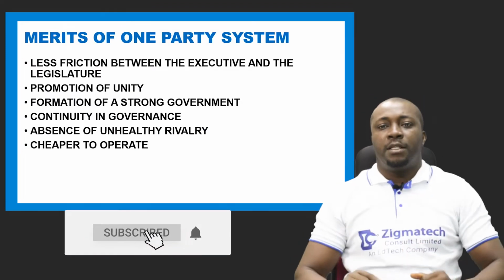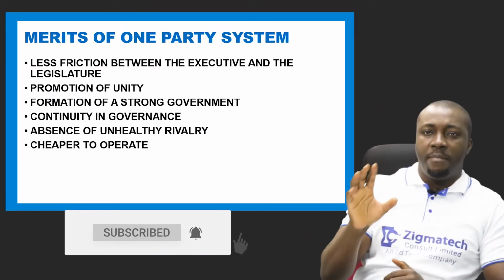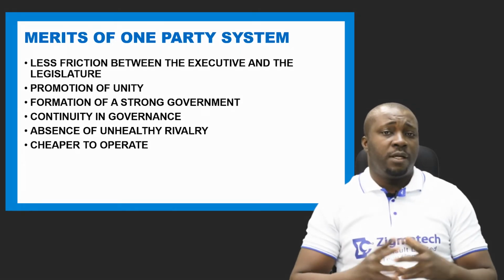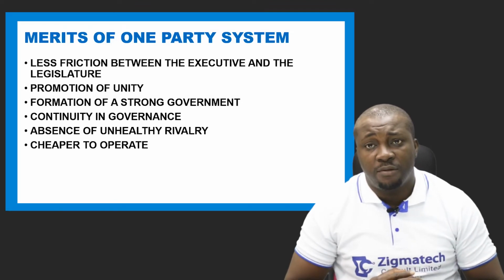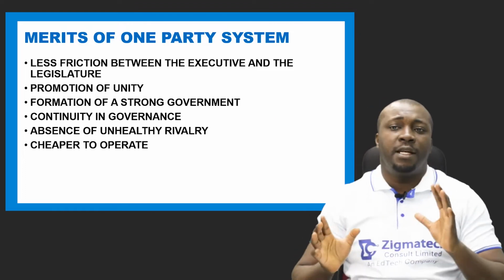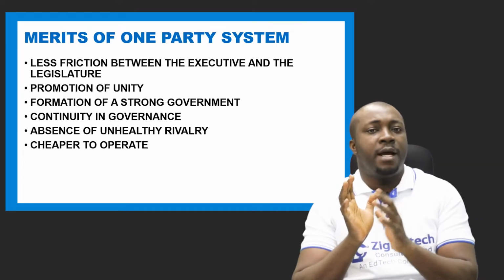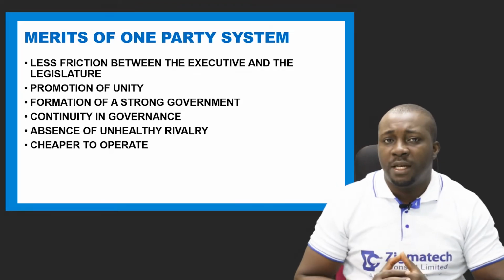So let's analyze one-party system by looking at the merits of one-party system, why some countries will decide to practice one-party system. One is that there is less friction or disagreement between the executive arm of government and the legislature. Why do we see less friction?